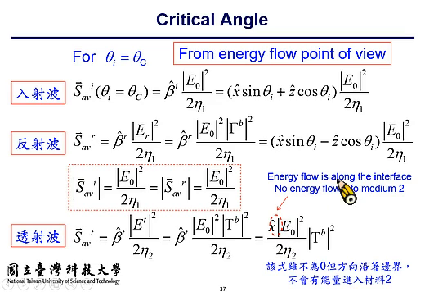So you do have energy flow along the interface, but no energy flows into medium 2. So therefore, at the critical region or beyond the critical region, you have the so-called surface wave. The incident wave will produce a surface wave along the interface, but nothing goes into medium 2. Okay.